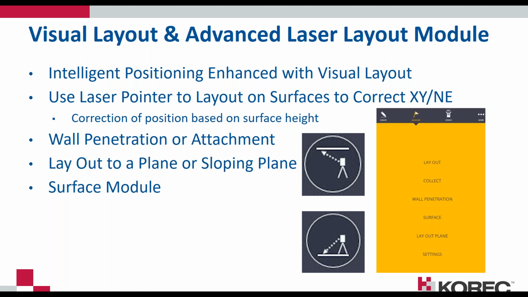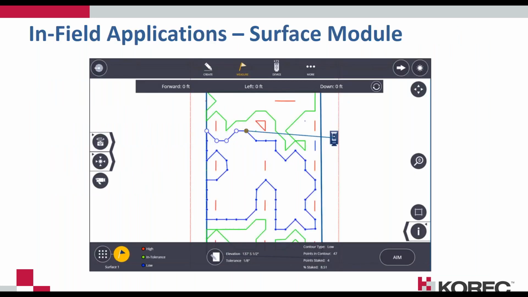So this function calculates and adjusts to the correct position on the surface based on the change of elevation of the surface, ensuring that the location of any object is true to the design. So in field applications, a quick capture there of the surface module.